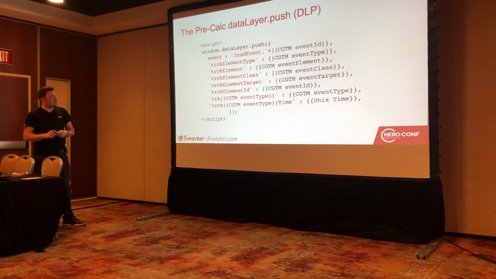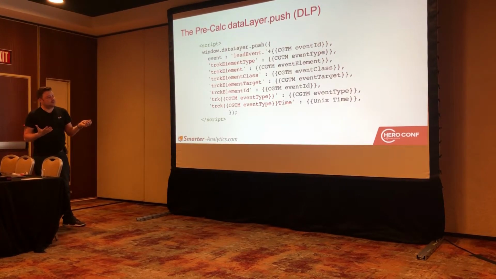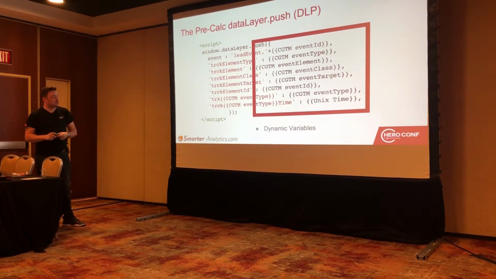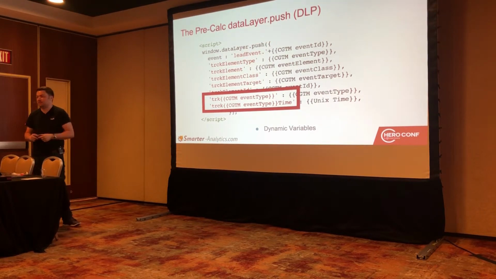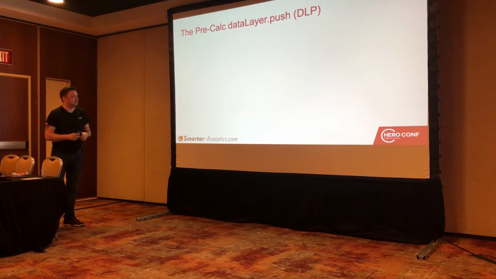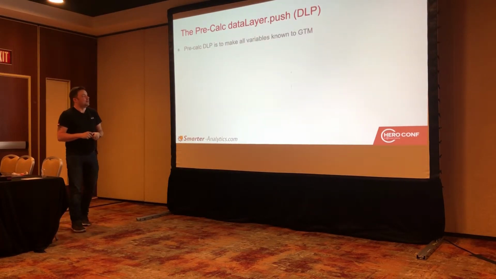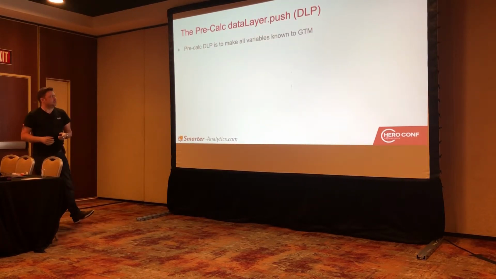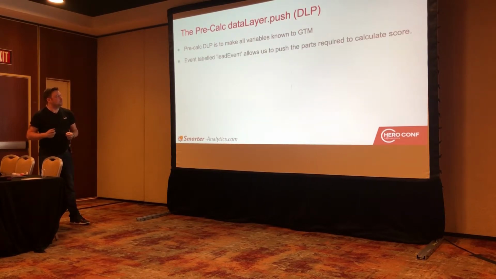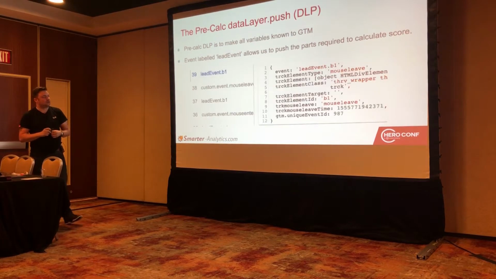Okay, this is an example of our data layer push. We've got the fixed keys and we have dynamic outputs there. But on some of the keys, we've added dynamic variables to make the keys dynamic themselves, so the data layer can build up many, many instances of the same thing without overwriting them. A pre-calculation data layer push to make all variables known to GTM. The event labeled lead event shows up and pushes the parts required to calculate the score.